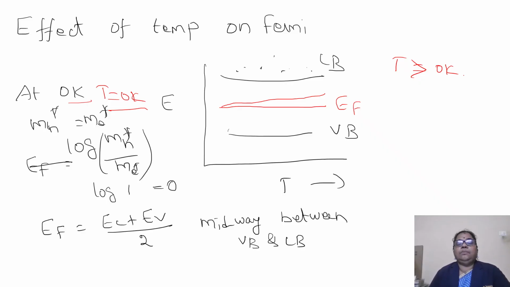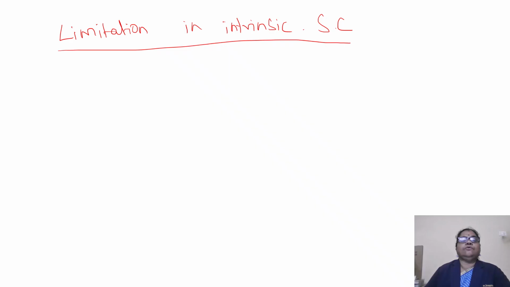But we have some limitations in the intrinsic semiconductor. The limitations on intrinsic semiconductor: we know that at 0 Kelvin, the Fermi energy level lies between the conduction band and the valence band.